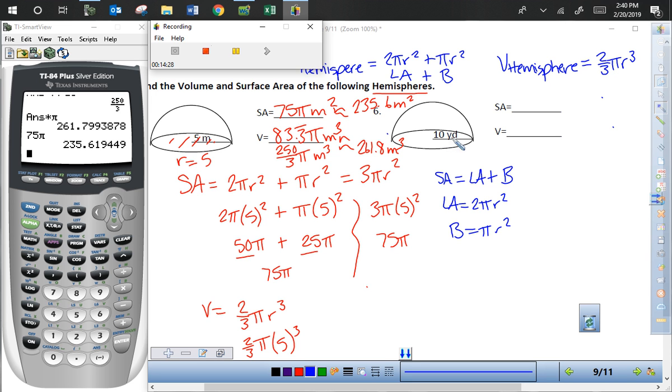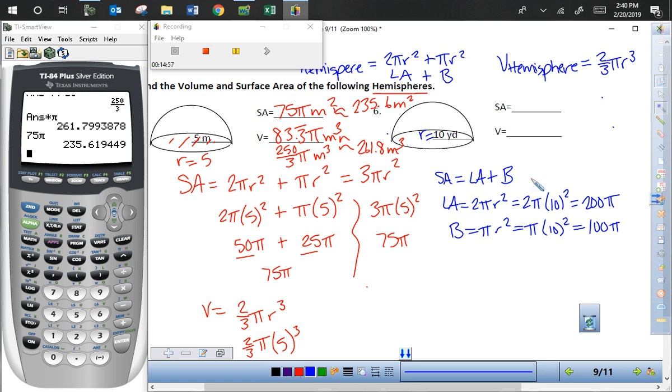So our radius in this case is 10. So we've got 2 pi times 10 squared. 10 squared is 100, times 2 is 200. If you need to type that in, you're absolutely welcome to. Over here we've got pi times 10 squared is 100 pi.